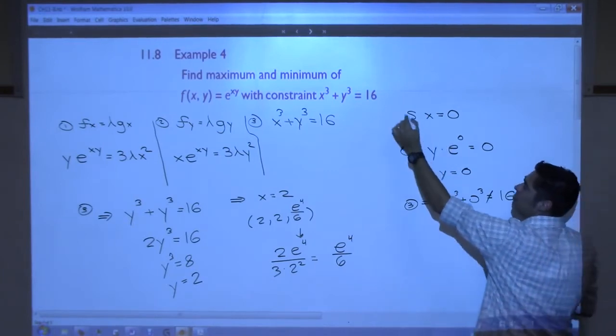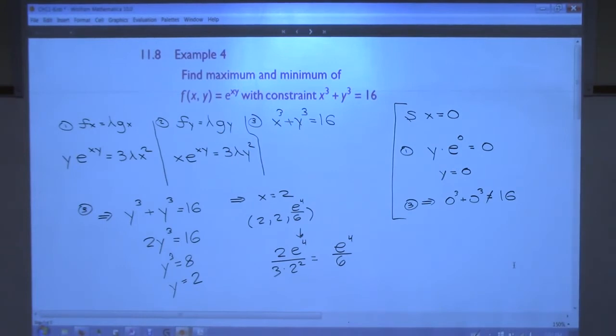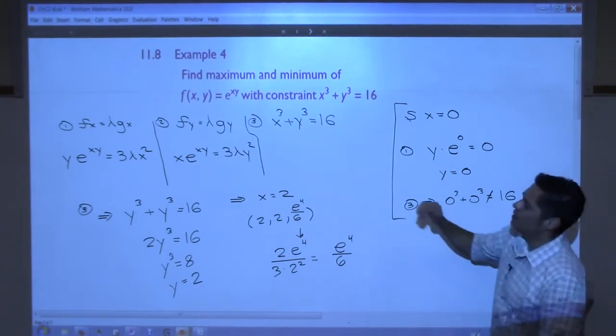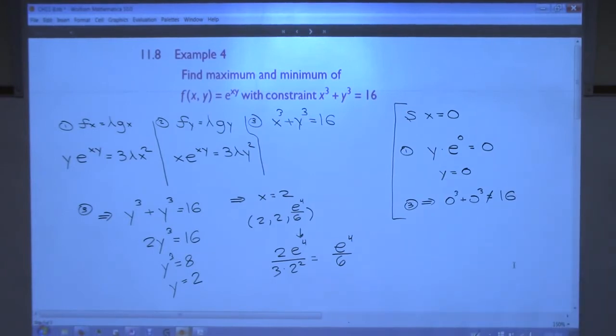So I can't let x be 0. If x is 0, I'm never going to satisfy the last equation. With me? Because in order to satisfy the first equation, I have to let y be 0 also. So letting x be 0 forces y to be 0, and as soon as that's done, the third one's never true.